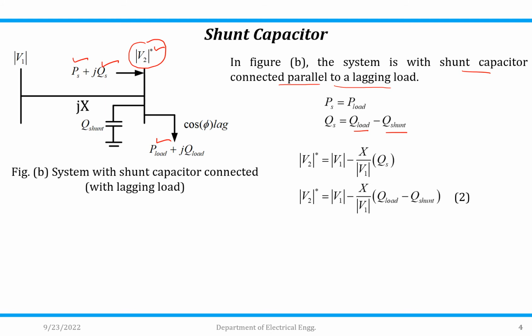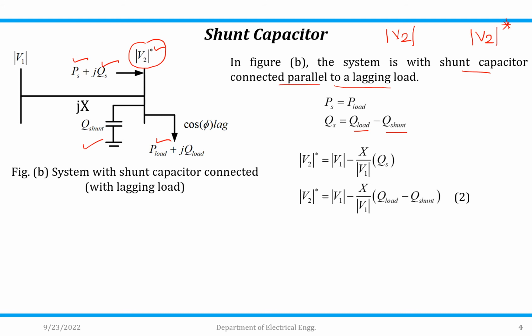This star indicates that the shunt capacitor is connected to the system. In the first equation the receiving end voltage was V2, and here we take the receiving end voltage as V2 star. This star indicates that the shunt capacitor is connected in parallel to the lagging load.